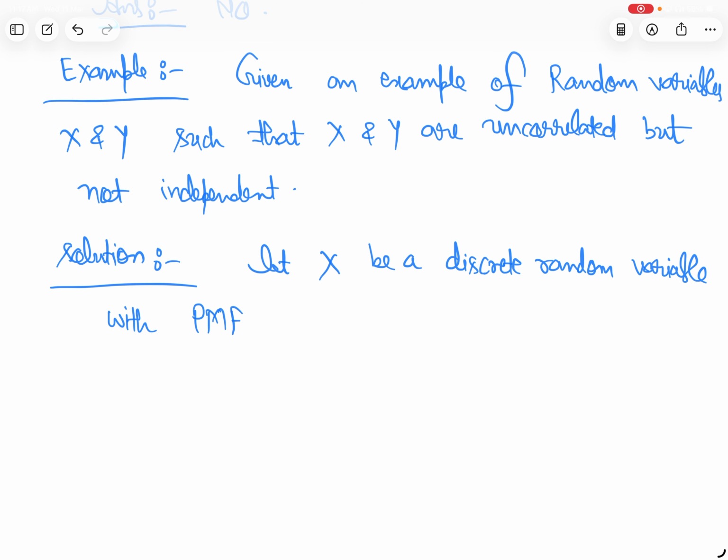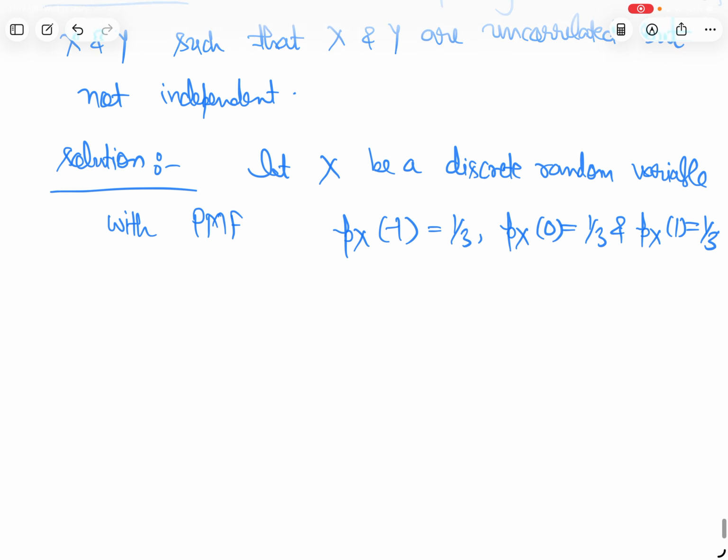P(X = -1) is 1 by 3, P(X = 0) is equal to 1 by 3, and P(X = 1) is also 1 by 3.